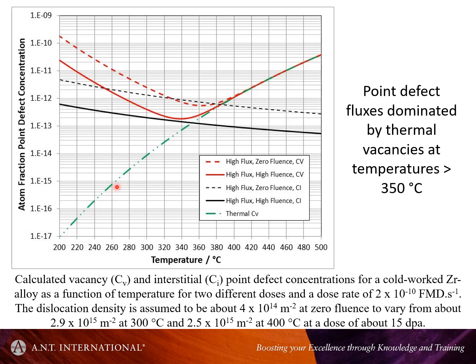This dotted line is the thermal, basically thermal diffusion. It is what you would get thermally for a rate of flow of vacancies. And at these high temperatures, 420, 440, it's higher than the interstitial. So here, thermal effects dominate.